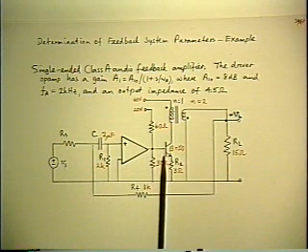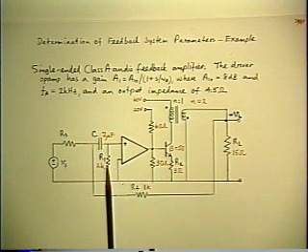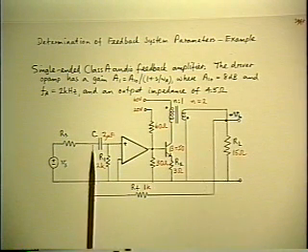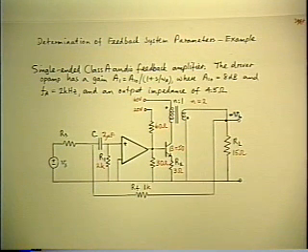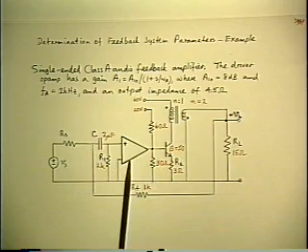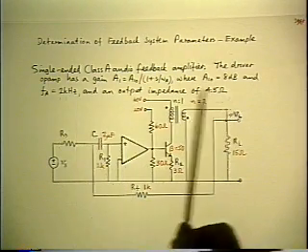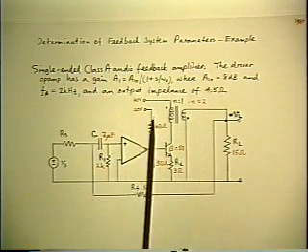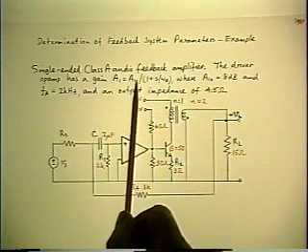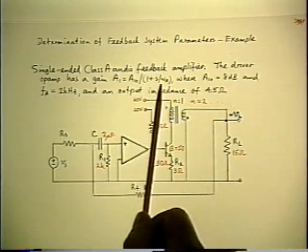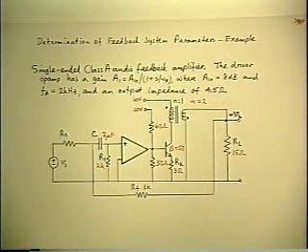There's a driver stage and an interstage network at the beginning, and feedback is taken from the output back to the input. The driver stage is going to be represented simply by a specification that says it has a gain of A1, which is a low frequency value A10 of 8 dB, and it has a single pole at 2 kilohertz.